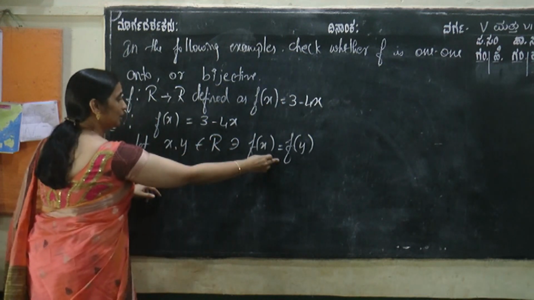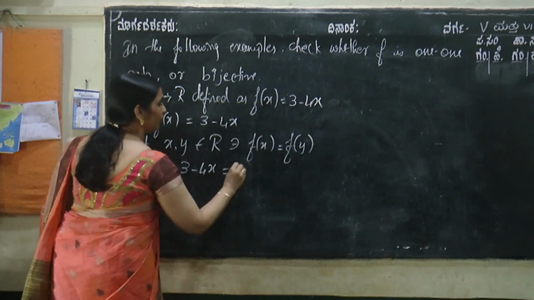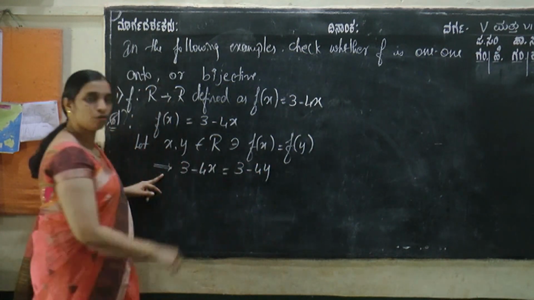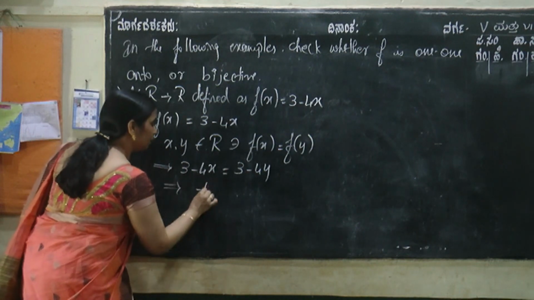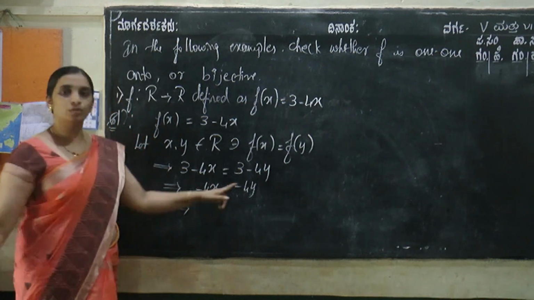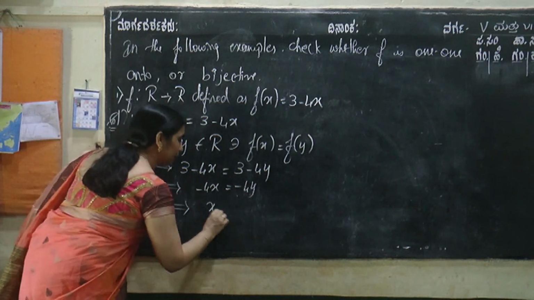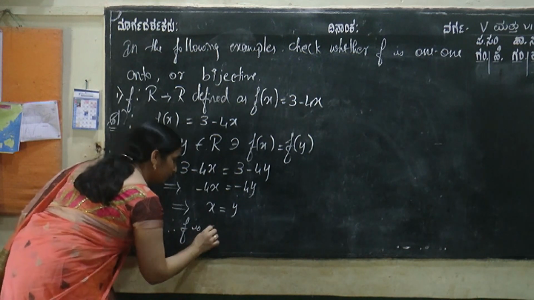So according to the condition here, f of x is 3 minus 4x and f of y is 3 minus 4y. Cancelling the constants, we get minus 4x is equal to minus 4y, or dividing both sides by minus 4 we get x is equal to y. Therefore, f is 1-1.